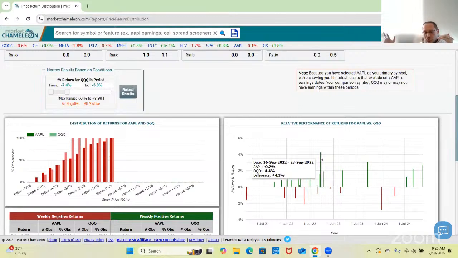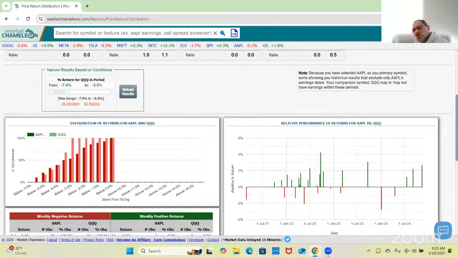Because you shorted $1,000, now you can buy it lower by 4.4%. Versus Apple, you bought $1,000, you're down on it because you're long, but only down 0.2%. So between those two strategies, the one you're short went down by more, so you're profiting more than the one you're long. So that's why this is outperform.